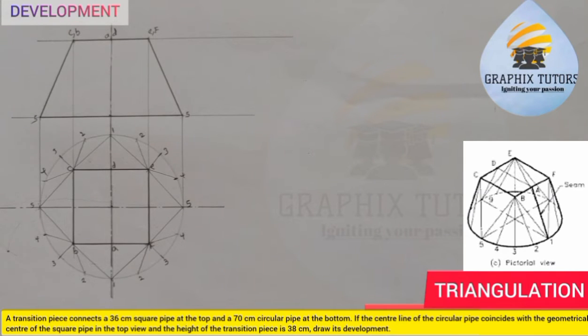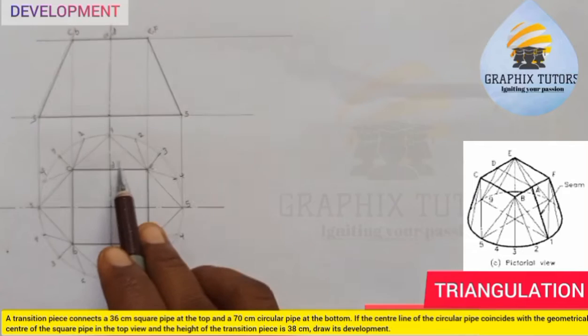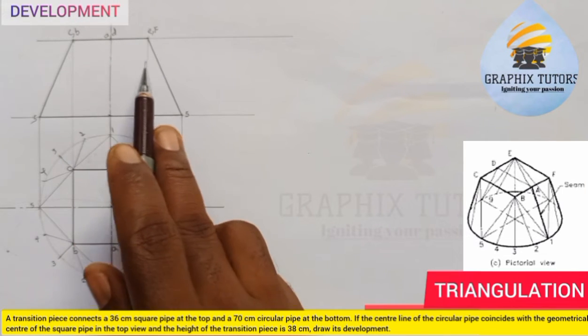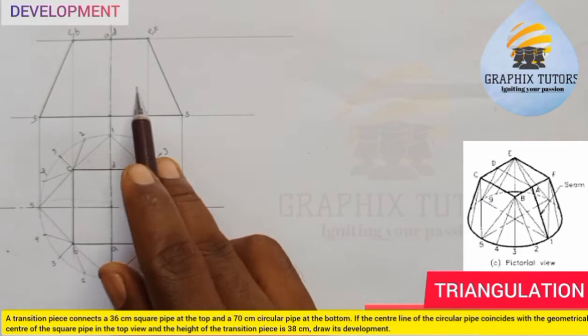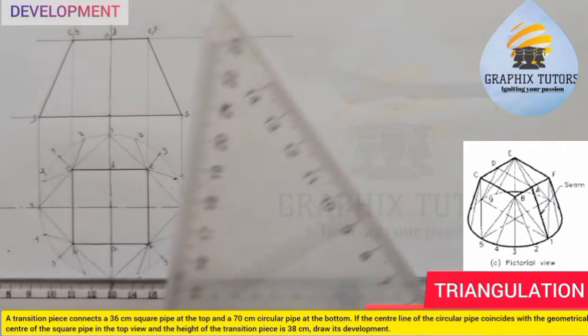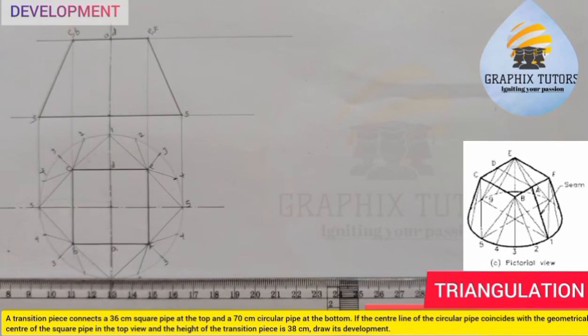Now, the matter here is we'll start developing. This is the plan. You can see the actual length of this line. For you to get the actual length of this line, you need what? The elevation. This is the plan, this is the elevation, right? So what I'm going to do here is I will draw a line at this point here. I can do it anywhere, right?